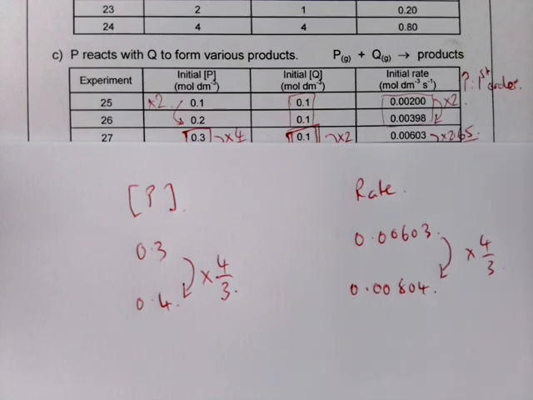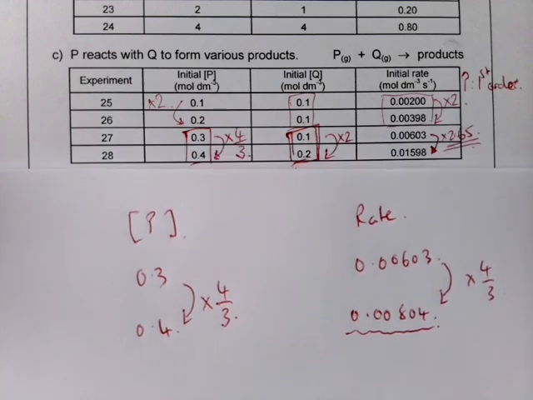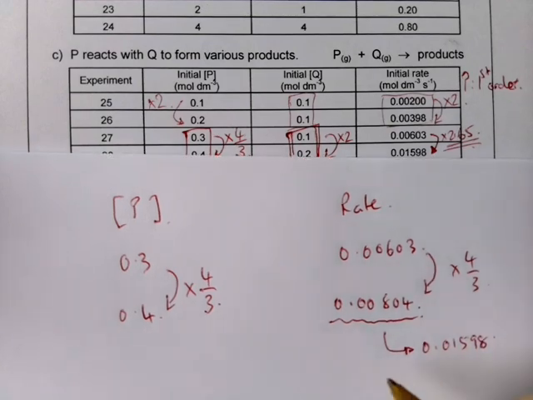Okay, but actually I don't have 0.00804. It's actually 0.01598, which is times by 2.